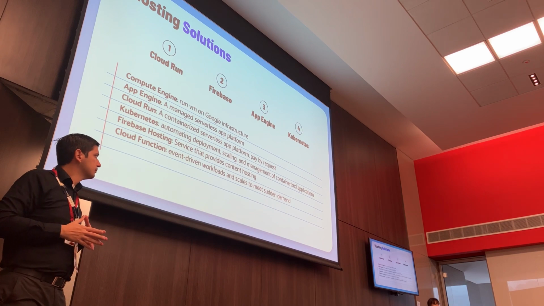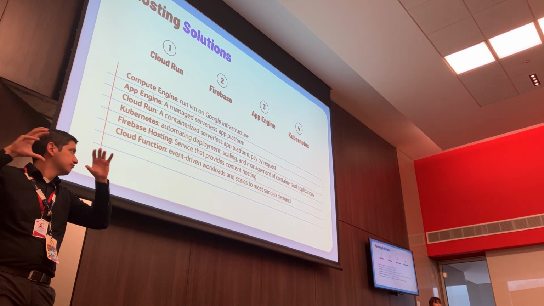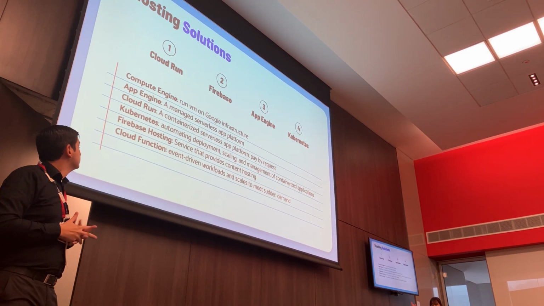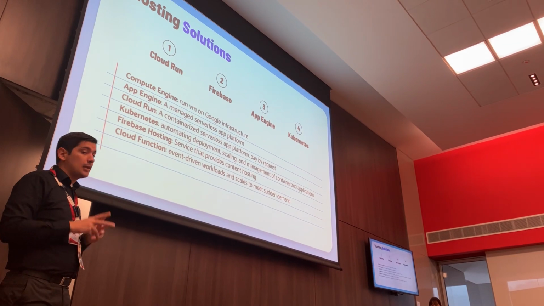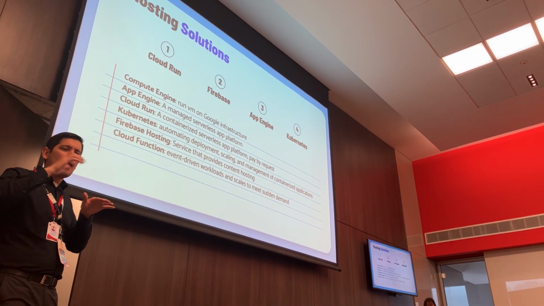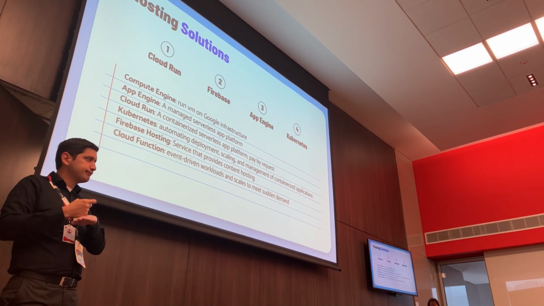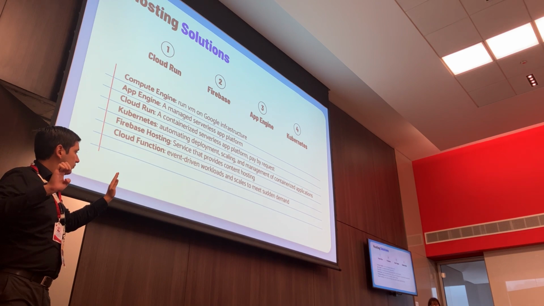With Google Cloud, there are several ways you can deploy your web application. Here's a summary of a few very good tools. You can use Compute Engine, probably one of the most popular GCP tools for your web application. There's App Engine and Cloud Run.